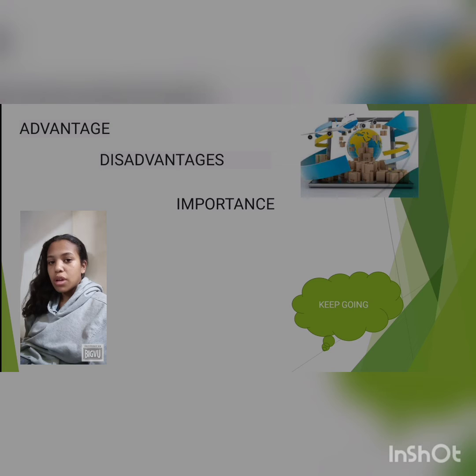Trade is a concept that encompasses the relationship between one or more countries for the exchange of goods.